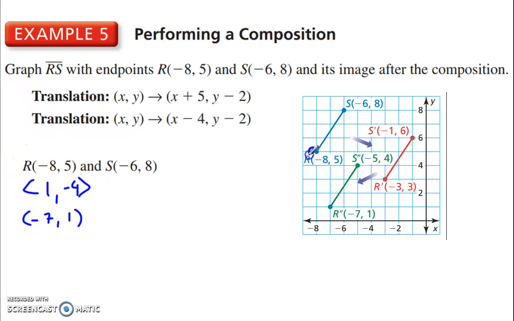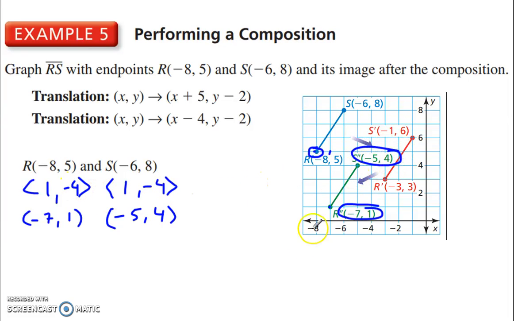So if I go from point R, 1 to the right, down 4, I end up at -7 and 1. Same thing here. I can do 1 minus 4, and I end up at -5 and 4. So I can do the whole thing in one step and save some time. -5 and 4. Unless they require you to show both, this is probably the faster and easier way to do it.